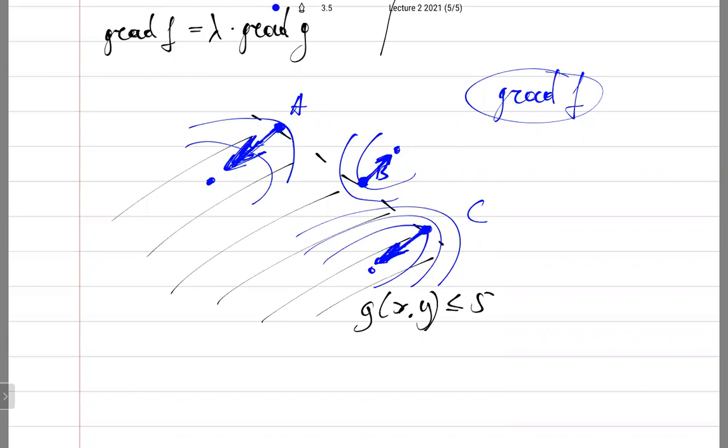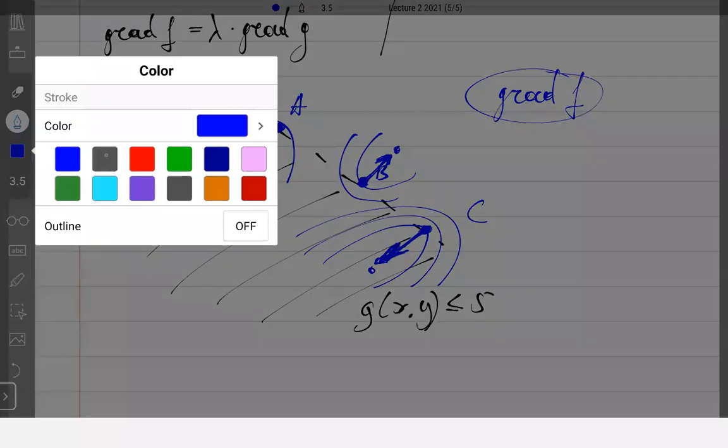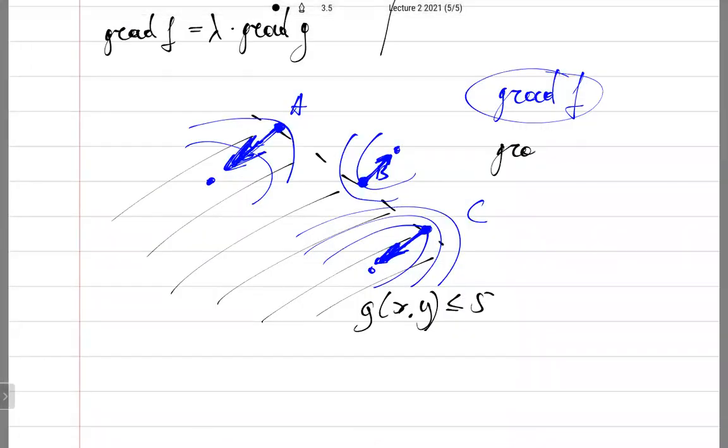No questions. Now, let me draw the gradient of g. I know that on that line, g is exactly 5. So g is less than 5 to the left of the line, and g is greater than 5 to the right of the line.